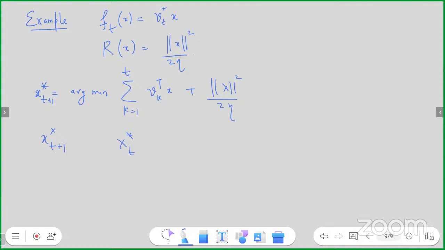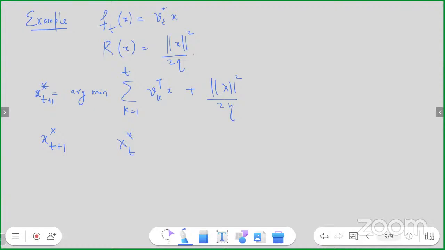Even if you don't want to, just guess it. See, xt star will be solving one less, that's all. The difference between the t plus 1 star and the t star. What is the solution of this?